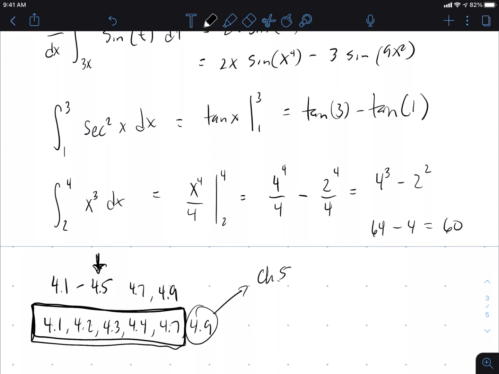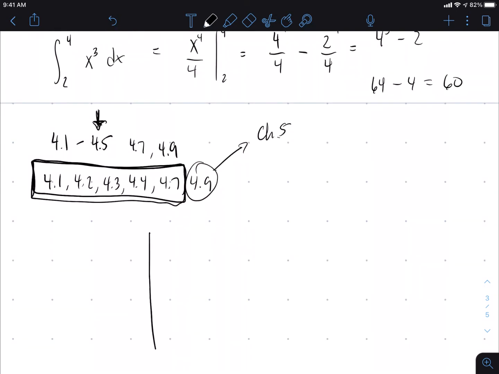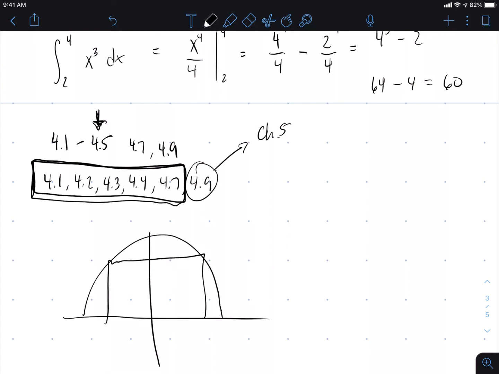And there'll be a classic example that I'll do for you. So when you study the optimization, there are typically problems like, here's some parabola, maximize the rectangle inside of it. Those types of problems will be big. Let's see, what's another one?